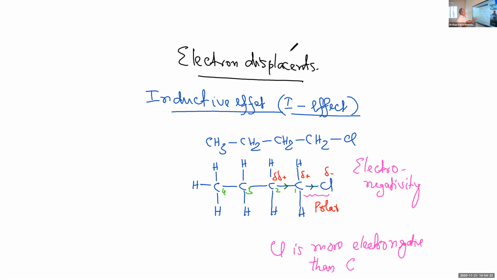Now what happens to the electron pair in the C2-C3 bond? Due to the small positive charge on the second carbon, the electron pair of the C2-C3 bond is shifted towards the second carbon, and therefore the third carbon gets a still smaller delta plus.